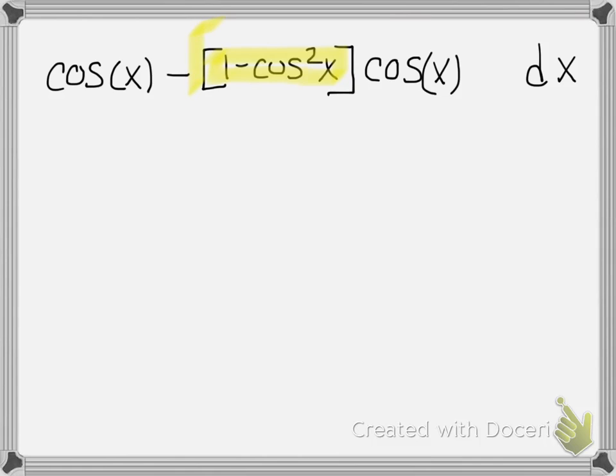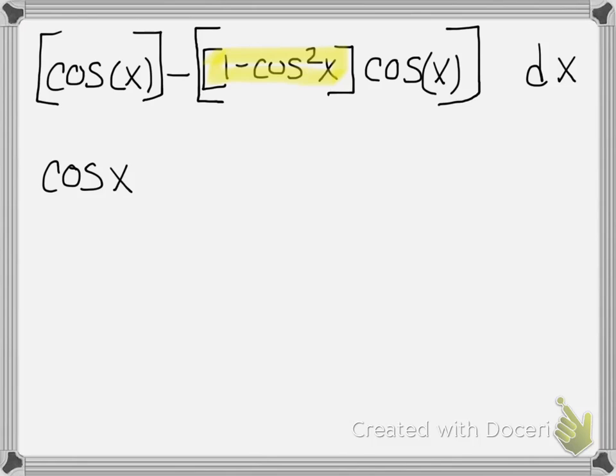So technically, this whole thing is one term, and this is one term. So we can actually pull out a cosine x from the terms, and that's going to leave us with 1 minus our 1 minus cosine squared of x.